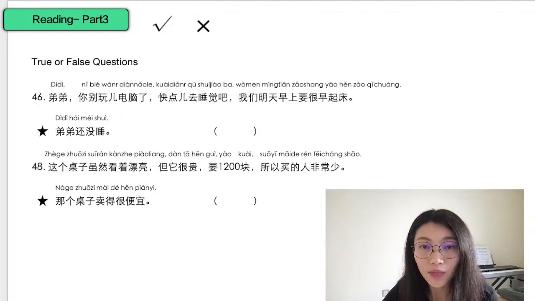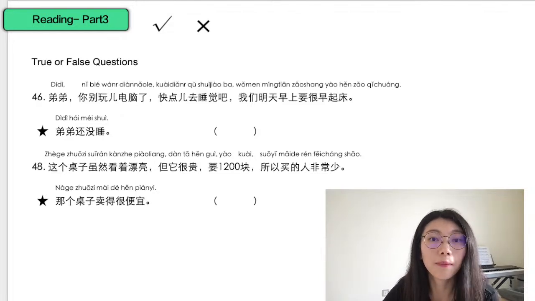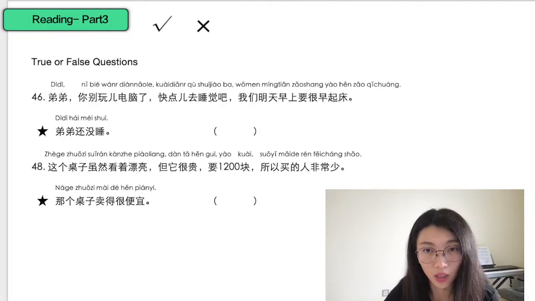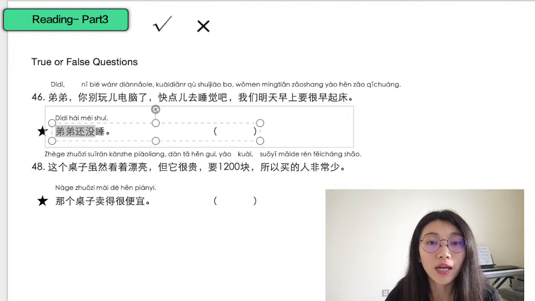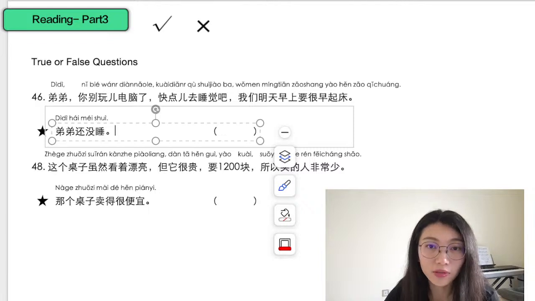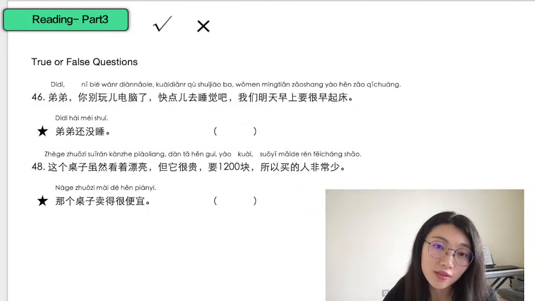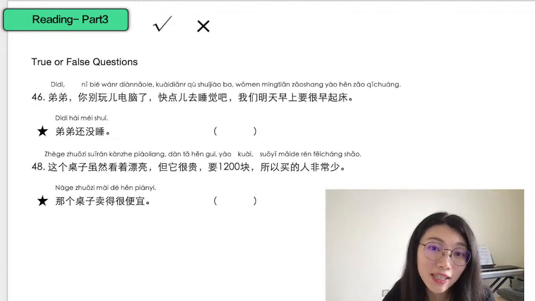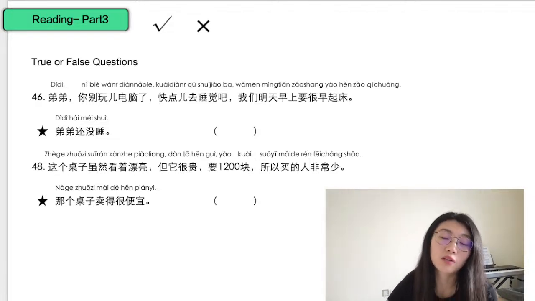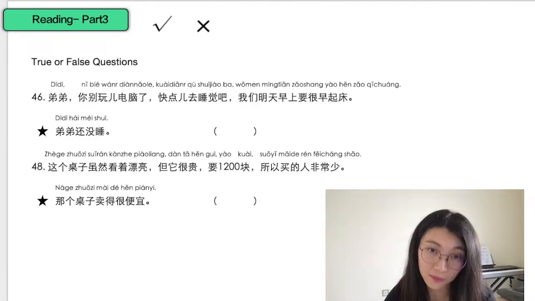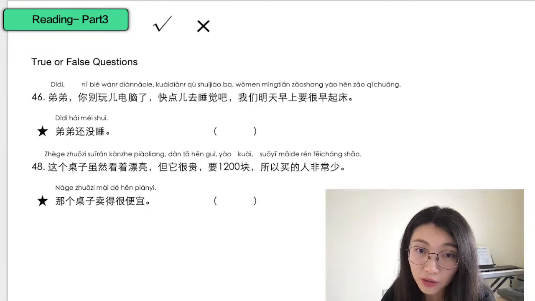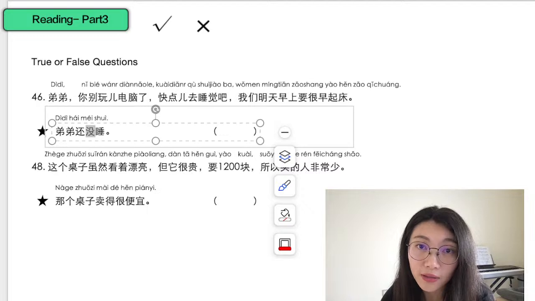46. 弟弟，你别玩电脑了，快去睡觉吧。我们明天早上很早起床。好，弟弟还没睡。So the sentence is: 弟弟 hasn't slept yet. Is it correct or not? 没睡, not sleep.